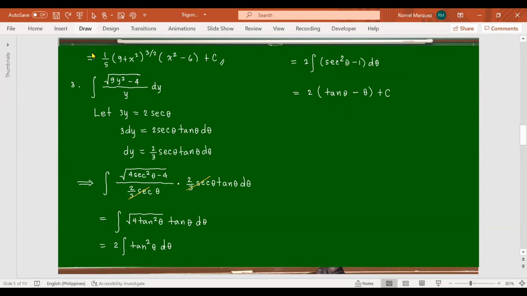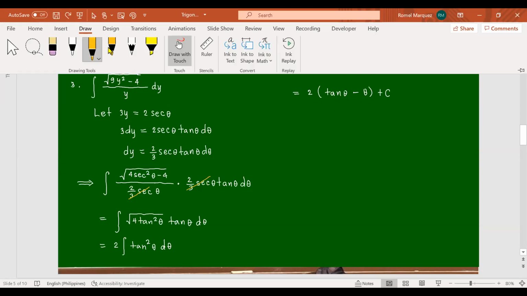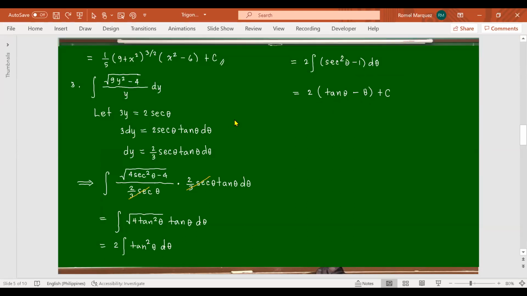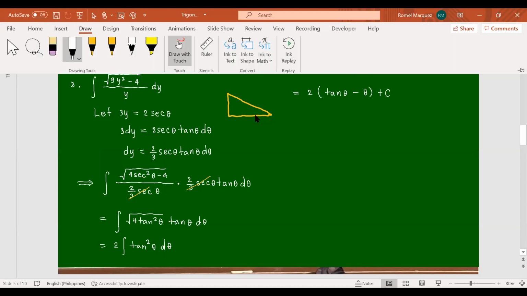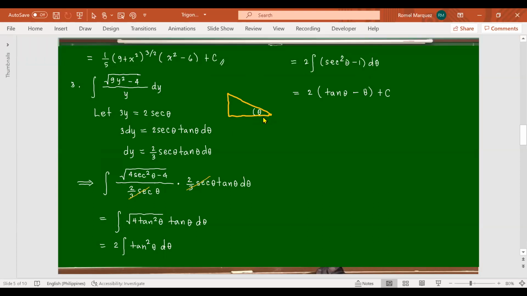Out of this, let's draw a triangle from here. This is the associated triangle, with angle theta. And how do we define the secant function?